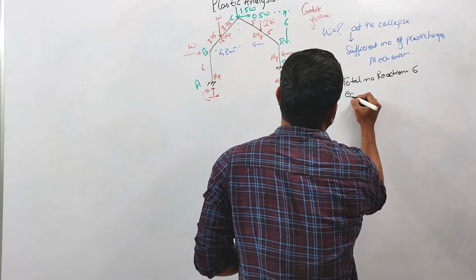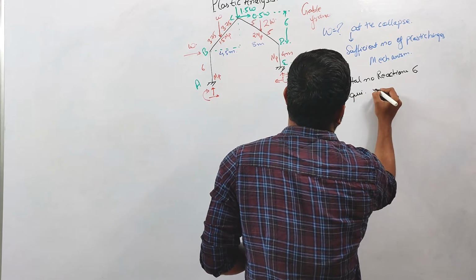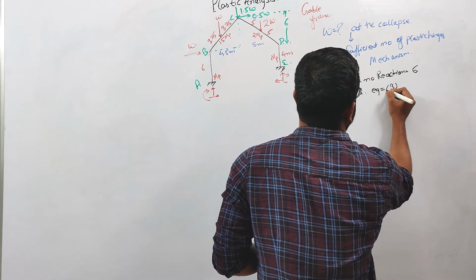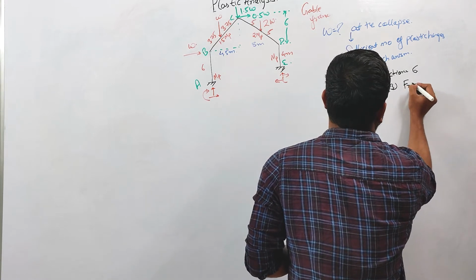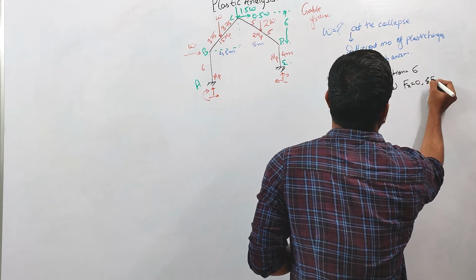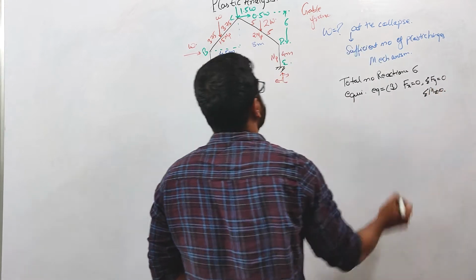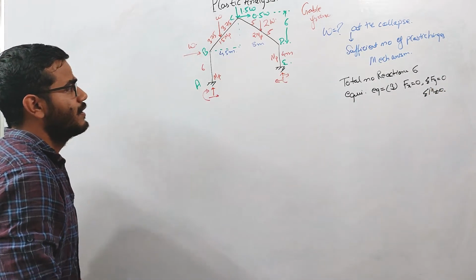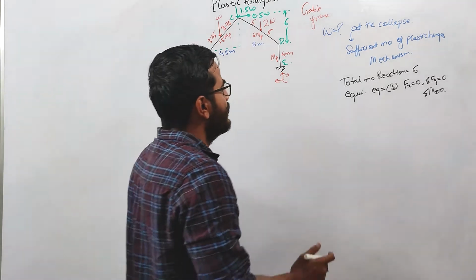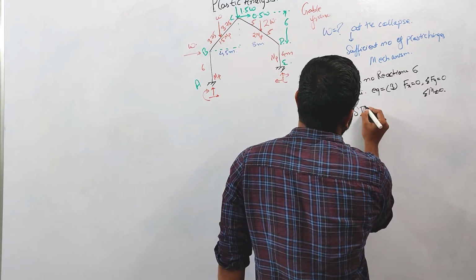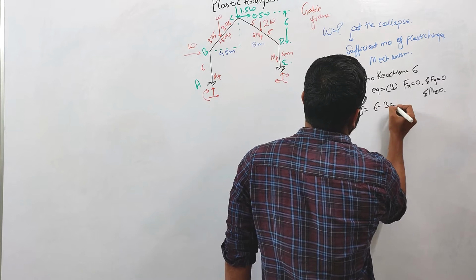And the equilibrium equations are 3: summation Fx = 0, summation Fy = 0, and summation Mz = 0. So the static indeterminacy of this frame will be 6 minus 3, that is 3.